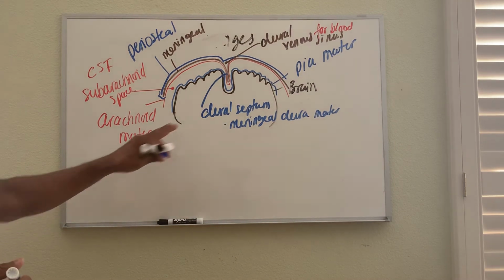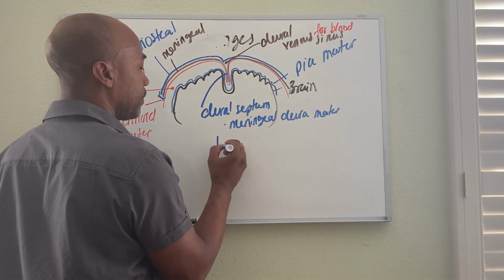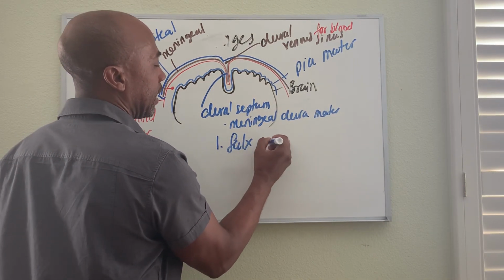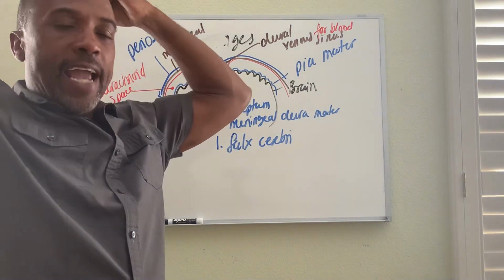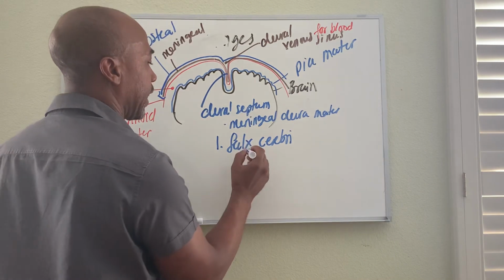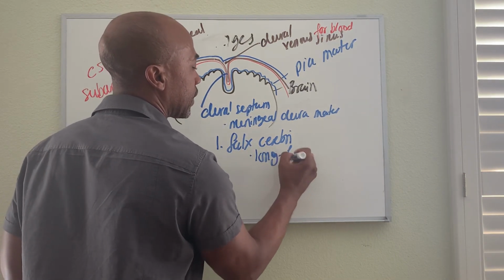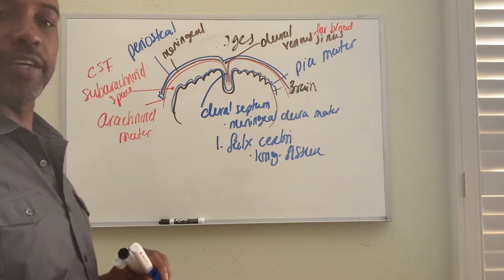And there are 4 of these septa. First one is called the falx cerebri. This one sits between the right and left hemisphere, in what's called your longitudinal fissure, the fissure that separates the right and left cerebral hemispheres.